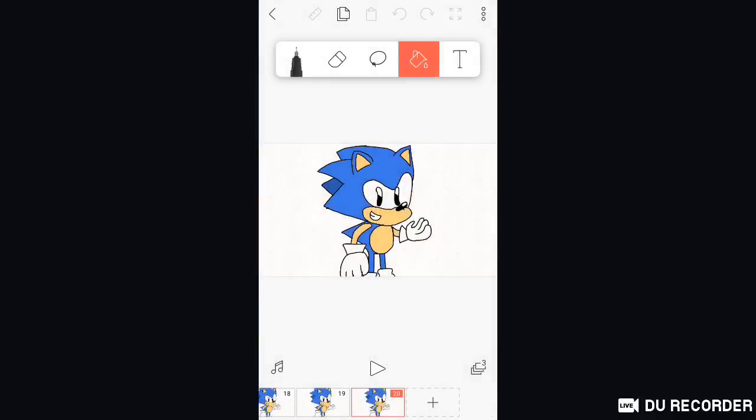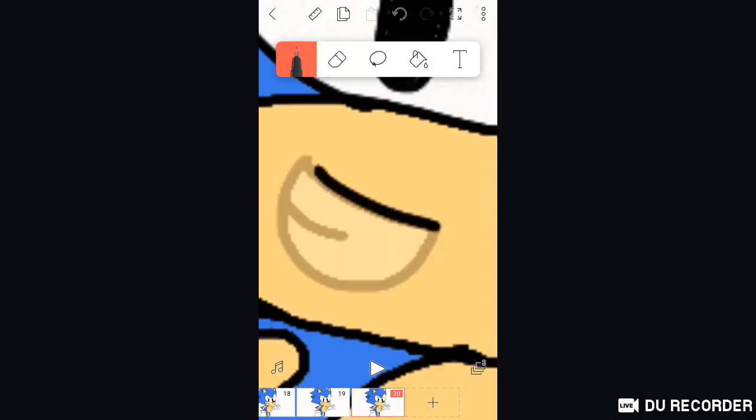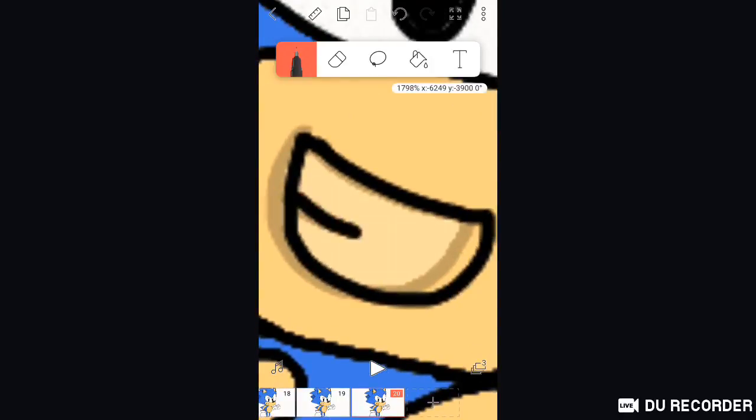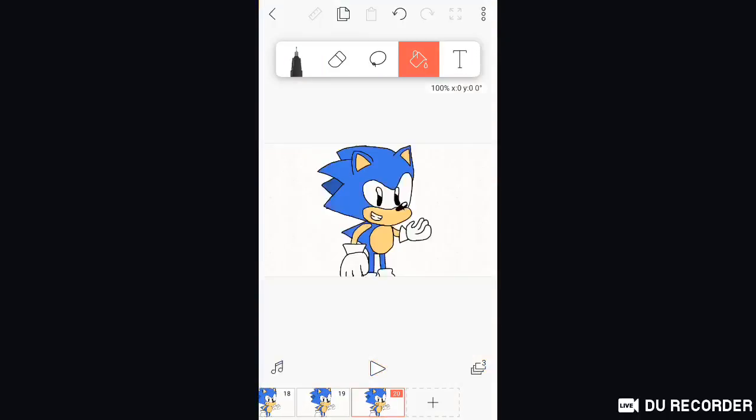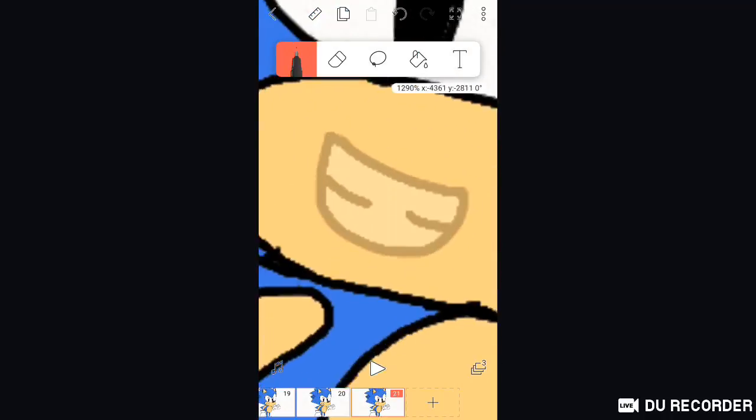Same thing with a smile too. You want to draw the same thing, but very close to almost the exact same point as before. And I think I want to add one more to it.